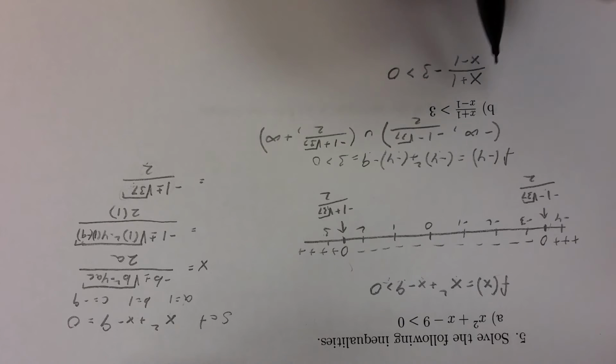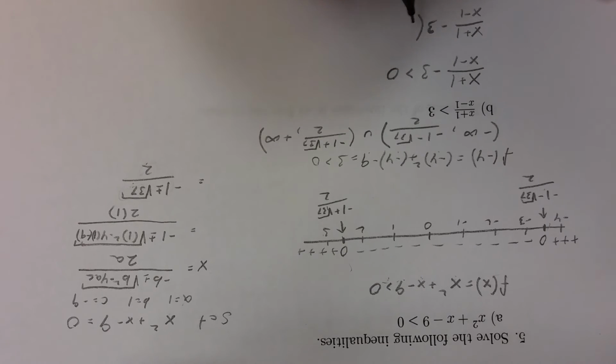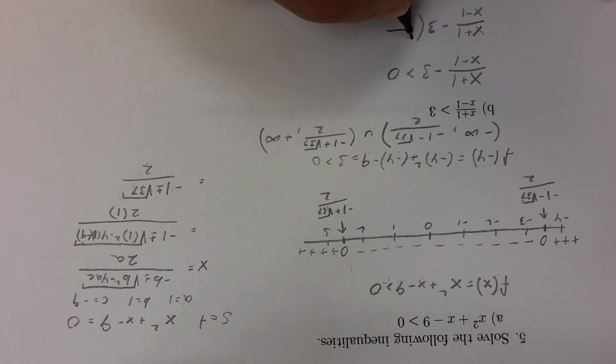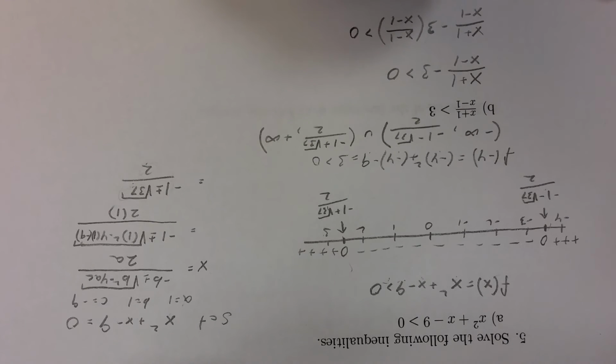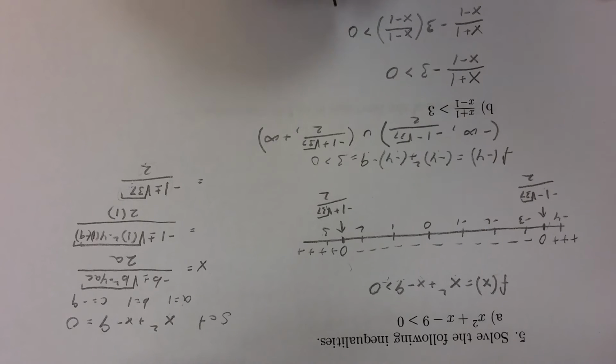Now let's just get a common denominator, so x plus 1 over x minus 1 minus 3 times, I'll just multiply by 1 in the form x minus 1 over x minus 1, is greater than 0, and I can multiply this out. So x plus 1 over x minus 1 minus 3x plus 3 all over x minus 1.